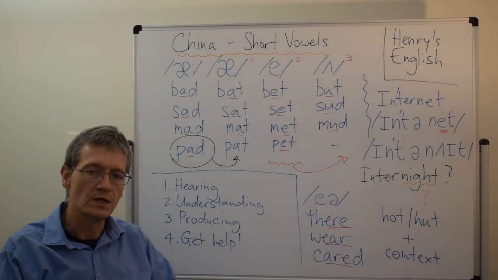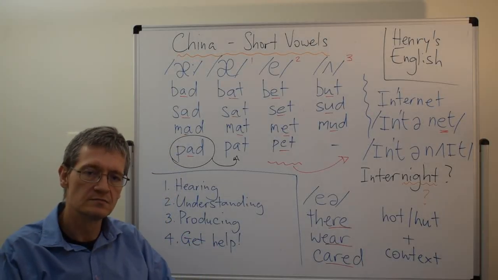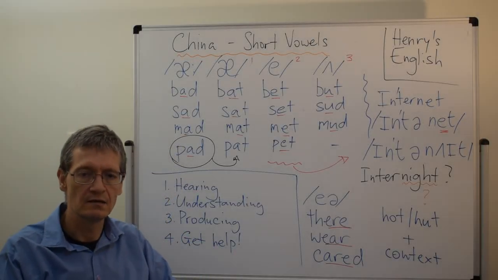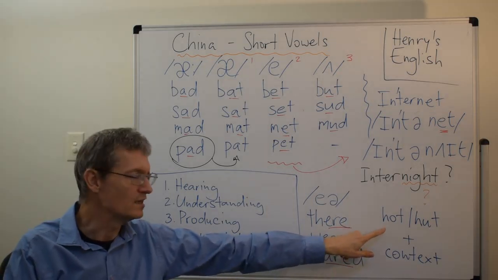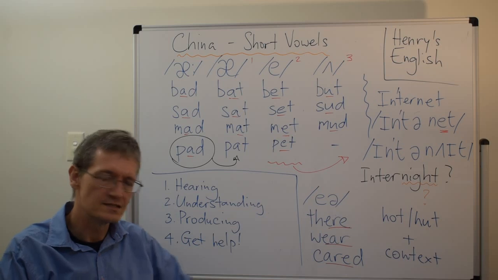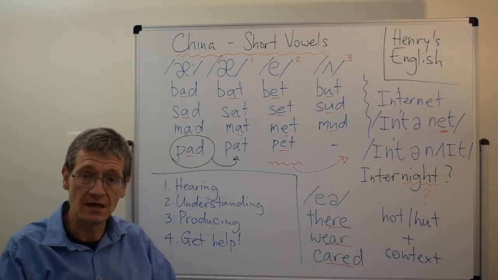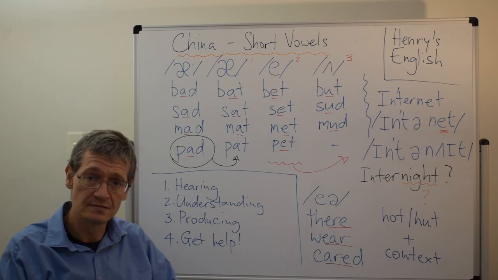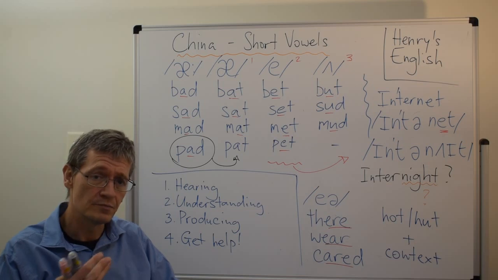But once again, we look at the context. A hut, this is a small house. So I say, I live in a hut. I would not say, I live in a hot. I say, I live in a hut, not a hot. I might say, I live in a hot place. So you have to think of both the pronunciation and the context.